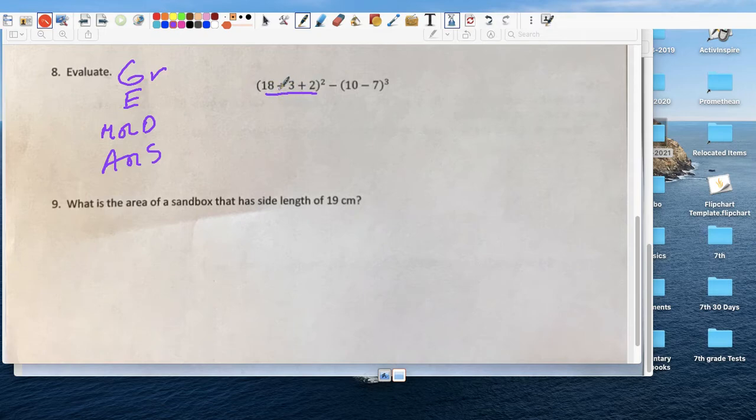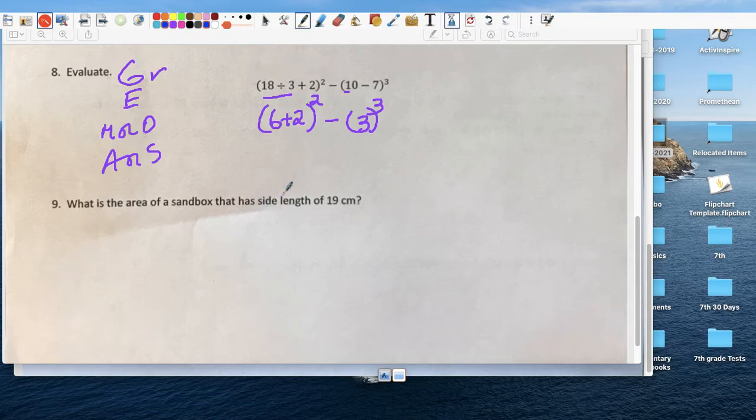And if you look here, division comes before multiplication, so 18 divided by 3 is 6. Copy the rest, plus 2, little 2 outside, minus, and here, inside this parenthesis, that's easy, 10 minus 7 is 3 to the third power. Okay, I'm still not done in this parenthesis, right?